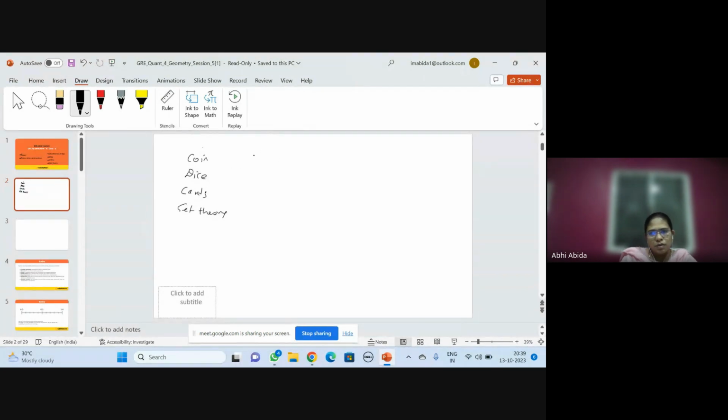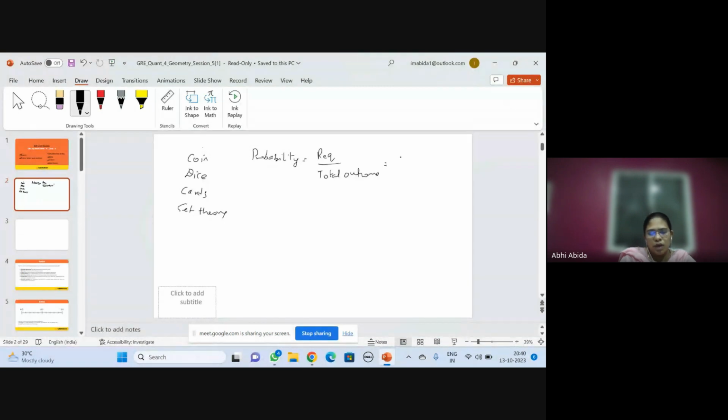So, starting with the formula of probability. You all know that, right? The formula is the required outcome, whatever outcome we require, divided by the total outcome.